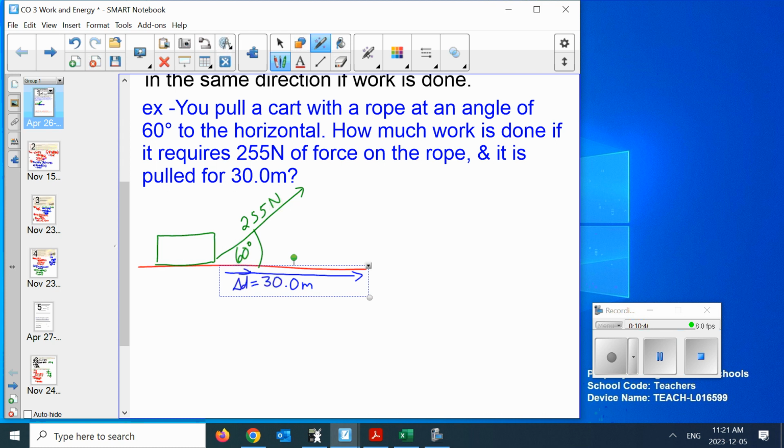We have to figure out the component that's in the x-axis, okay? So the force in the x direction, because that matches the displacement. Yes, well, you know this. We know how to use triangles.